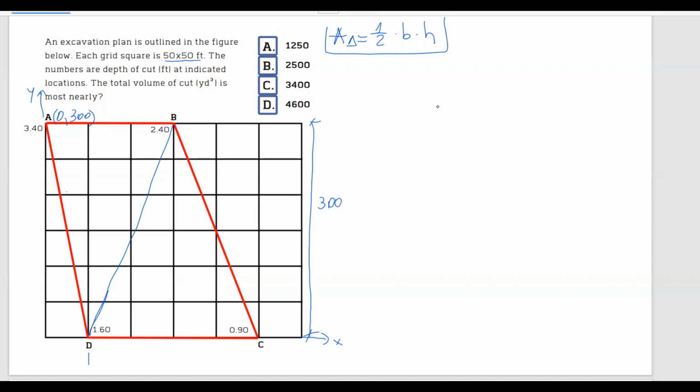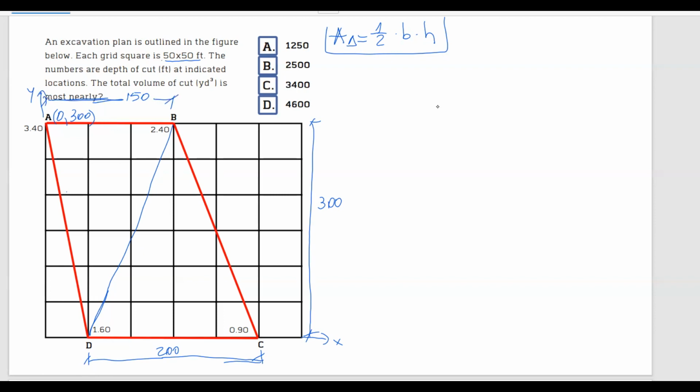And here we're going to have 4 squares multiplied by 50. This is 200. And this distance over here is 3 squares, and this is 150.